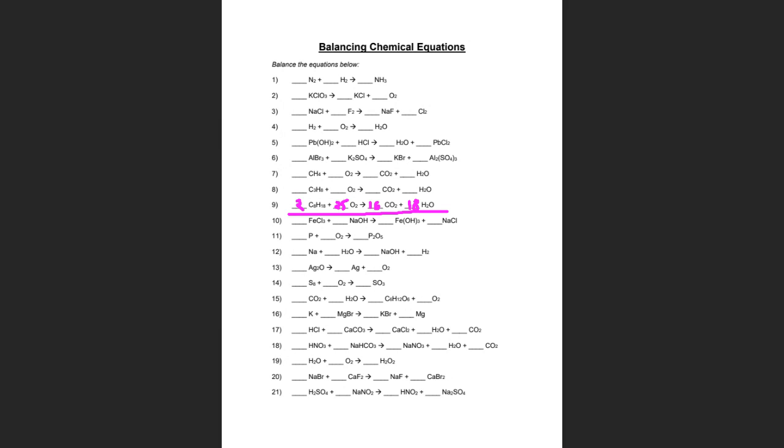So we make it a little bit easier by putting a coefficient of 2 in front of C8H18. So when we put 2 C8H18, that means we have 16 carbon and 36 hydrogen. Since we have 16 carbon here, we need 16 carbon on the other side. That's why she put 16 in front of carbon dioxide.